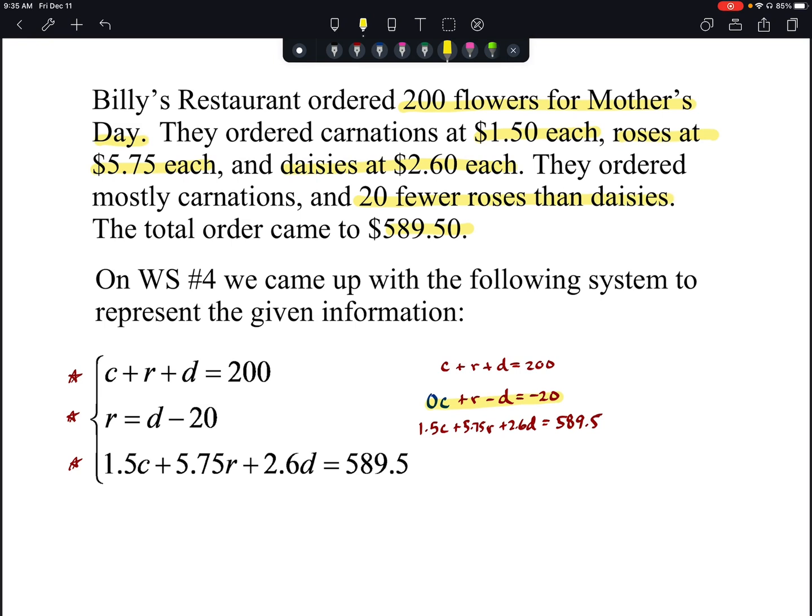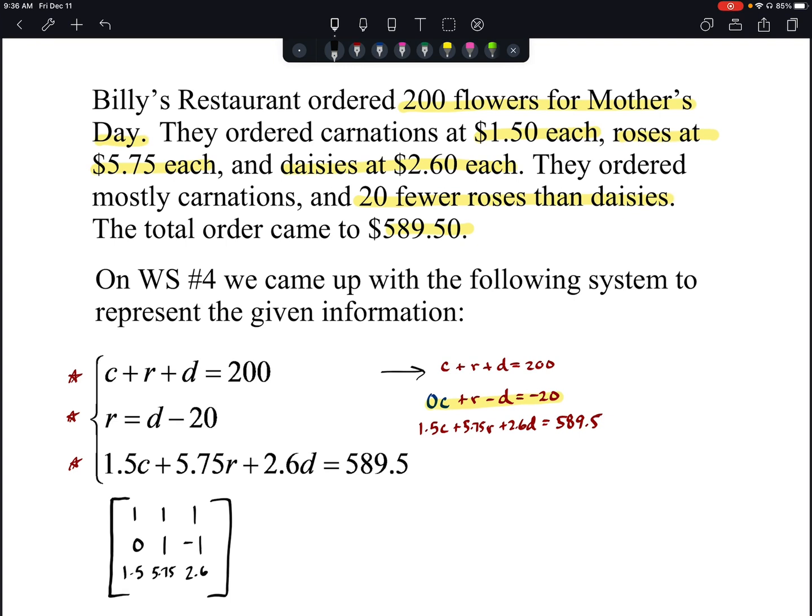So let's set up that 3 by 3. We're going to have a 1, a 1, and a 1, right? That comes from our first row. Our second row, 0, 1, and negative 1. And then our third row, 1.5, 5.75, and 2.6.